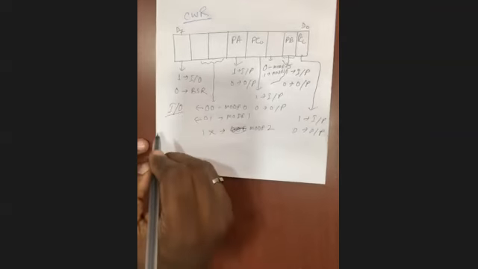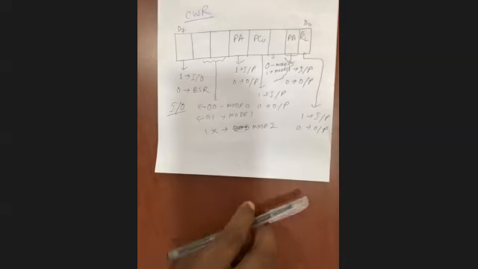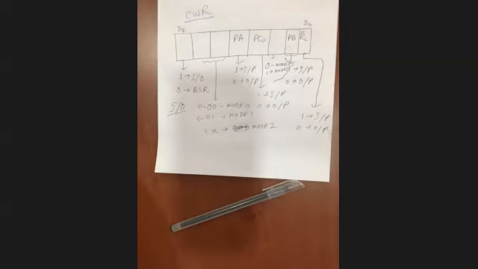Mode 1 is nothing but a handshaking mode. And mode 2 is nothing but a bidirectional mode.